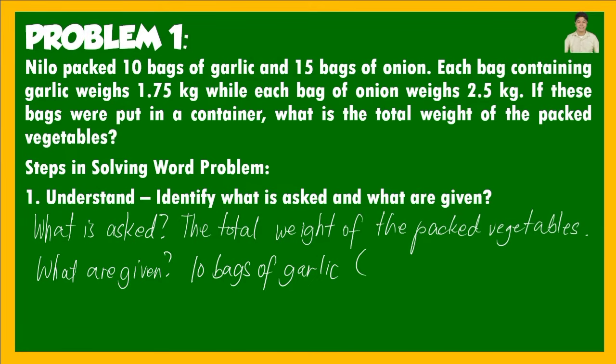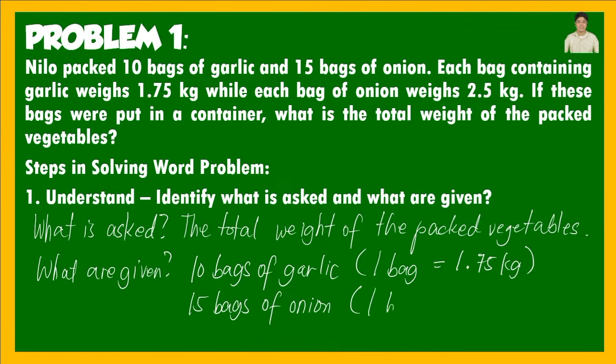So, pwede nating ilagay 10 bags of garlic and then 1 bag is equal to 1.75 kilograms or weighs 1.75 kilograms. And then 15 bags of onion. Dito naman, 1 bag is equivalent or equal to 2.5 kilograms.